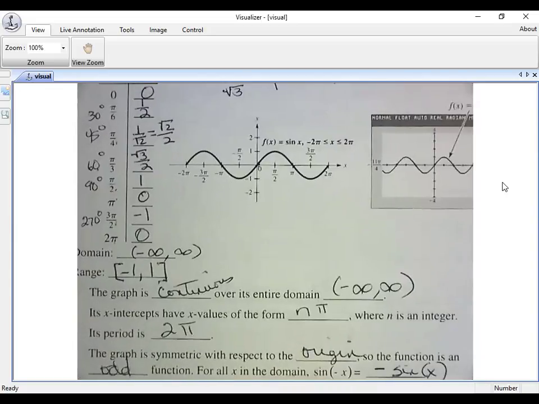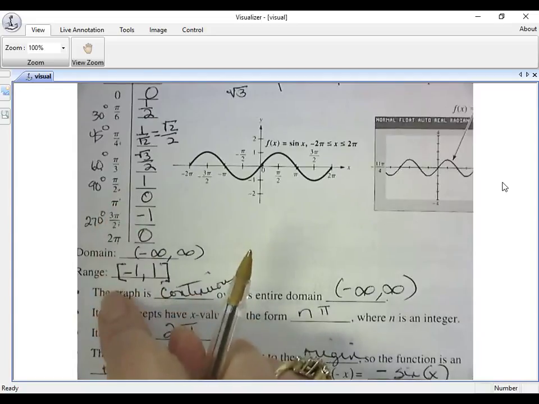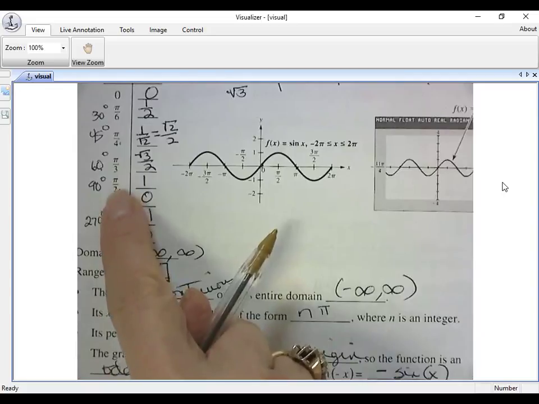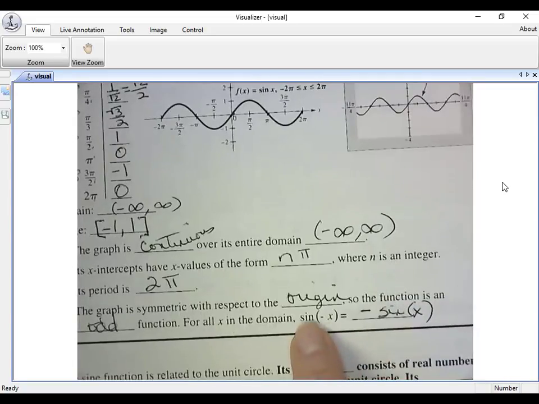Let's say we wanted to know what the sine of negative pi is. Well, what's the sine of pi? Oh, actually, that's not a good one. Let's pick pi over 2. So the sine of pi over 2 is 1. This is saying that if I did the sine of negative pi over 2, it ought to equal negative 1.